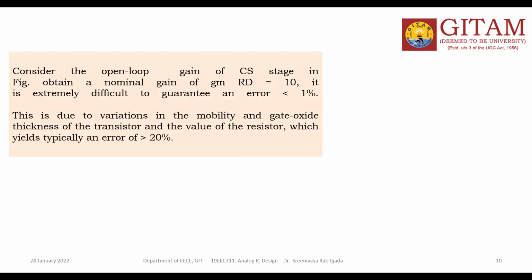Now consider the open loop gain of the CS stage. CS means common source stage. Whose gain formula is gm into RD, which is 10. That is the open loop gain.